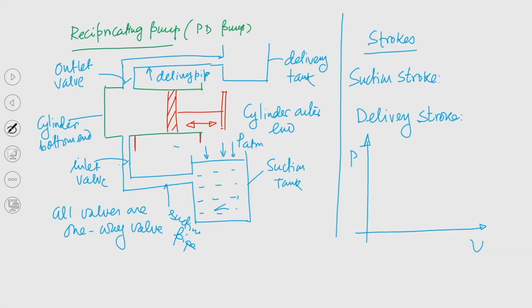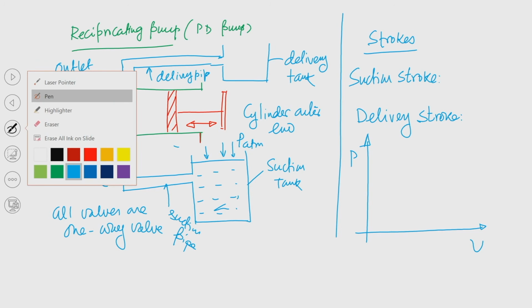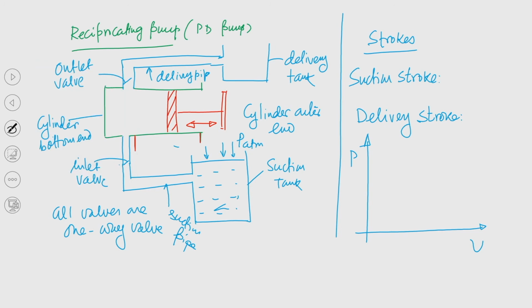You have seen that if we draw one line, say this is the atmospheric pressure, P equal to P atmospheric. At the beginning of the suction stroke, as the piston starts moving from the cylinder bottom end to the cylinder outer end, the pressure inside the cylinder will be less than the atmospheric pressure.